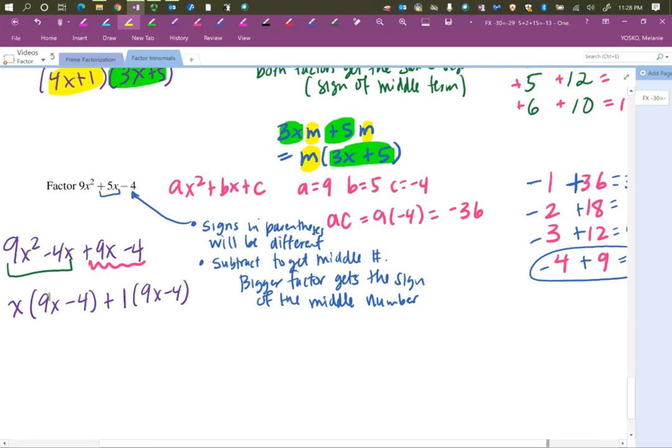Now remember, every time we do this, we want the pieces left over in the parentheses to be exactly the same. And they are. So then you rewrite that, 9x minus 4. You say, well, I have x plus 1, and that's going to be the other factor. Then you're going to take a moment and FOIL this back out and make sure you get the expression we started with.